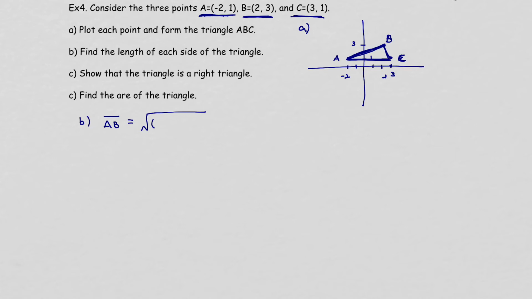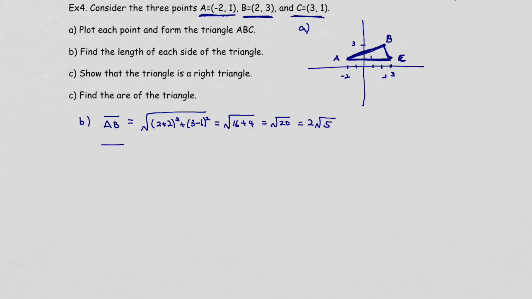This is going to be x1, y1. So we'll have 2 plus 2 squared plus 3 minus 1 squared. Gives you 16 plus 4, which is 20. That gives you 2 square root of 5.